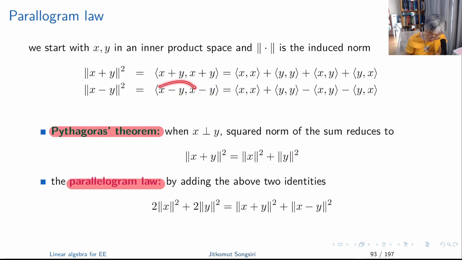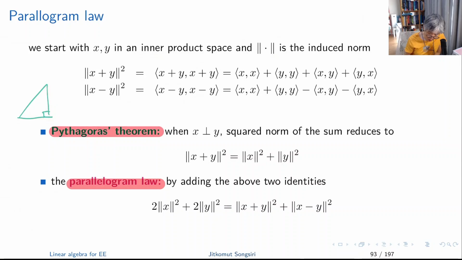You do the same expansion, but now you have the minus sign here. Pythagoras theorem says that this side squared is the sum of the squares of the two sides.